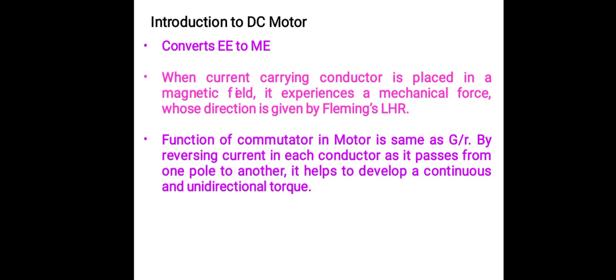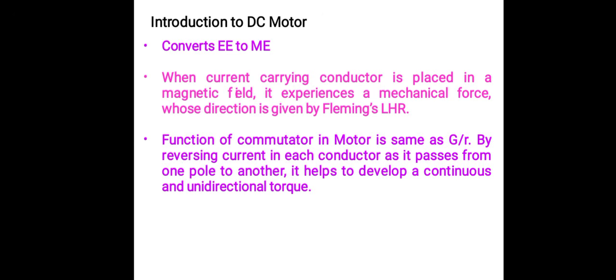So the function of the commutator in a motor: the commutator's function in a generator is rectification. It is a mechanical rectifier which converts the bidirectional current into unidirectional, whereas here it is serving a similar function. Here also it is reversing the current in each conductor as it passes from one pole to another.